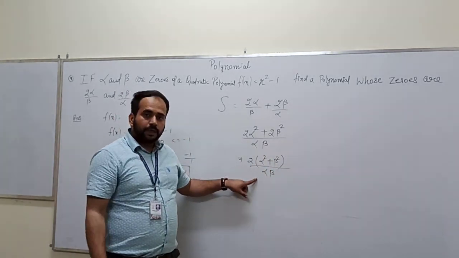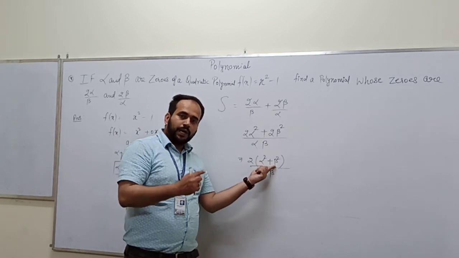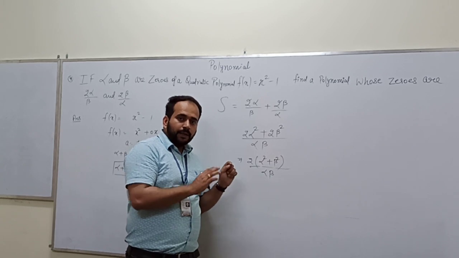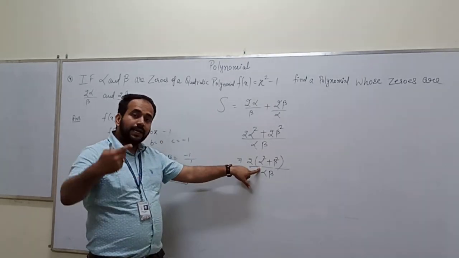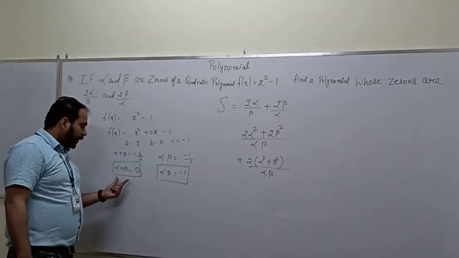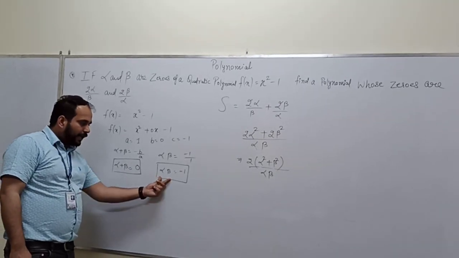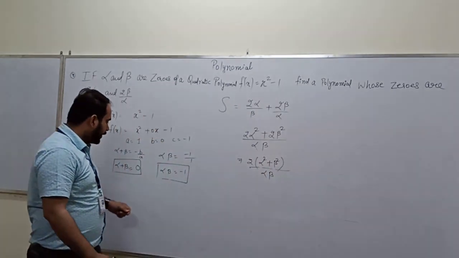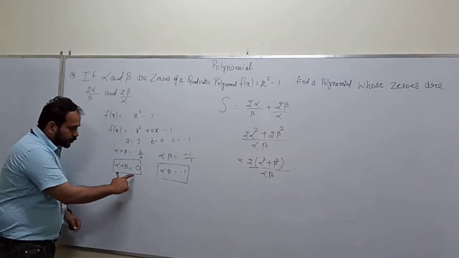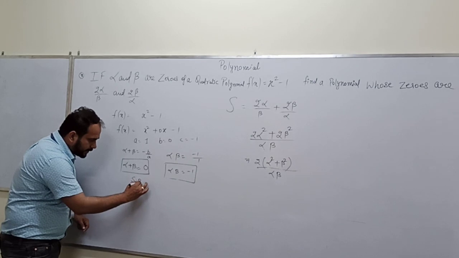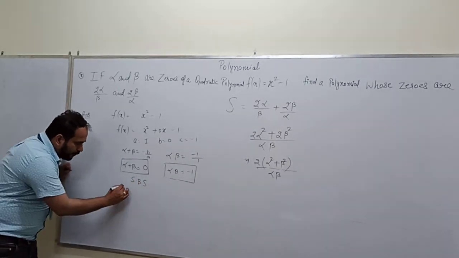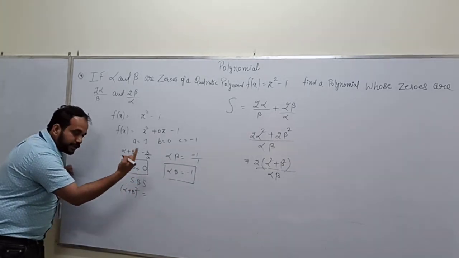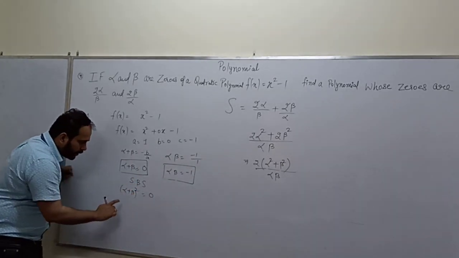In this question, you have to put the value of alpha square plus beta square, but I am not having alpha square plus beta square. But we have done this thing in class 9. If alpha plus beta is given and alpha into beta is given, we have to find out alpha square plus beta square. How did students start? Squaring on both the sides. Squaring on both the sides will provide you alpha plus beta whole square is equal to 0 square, which will be 0.